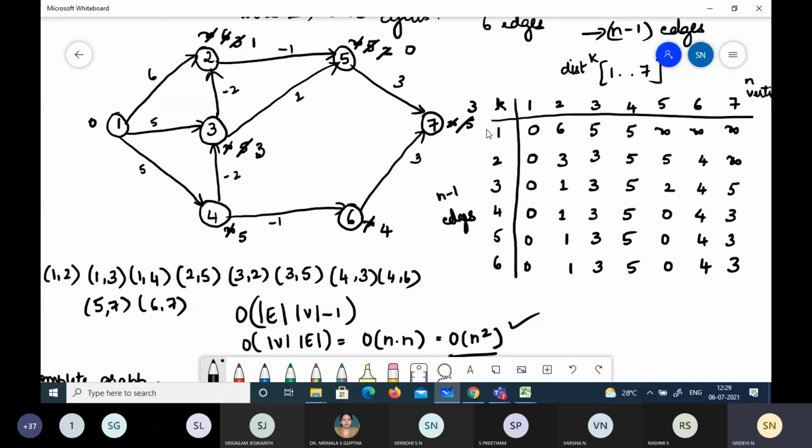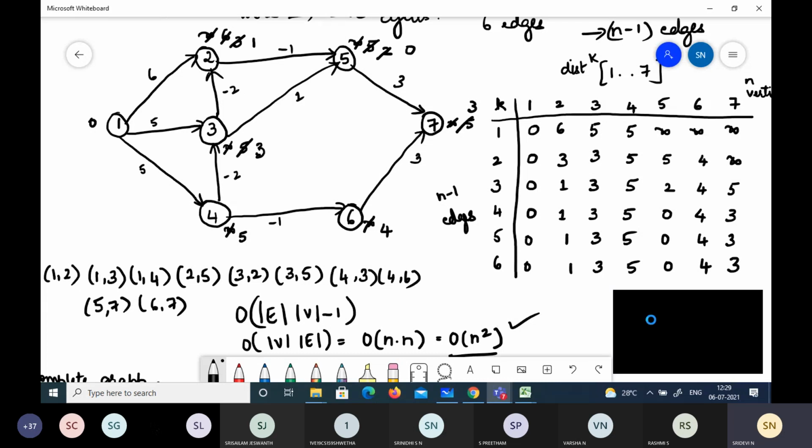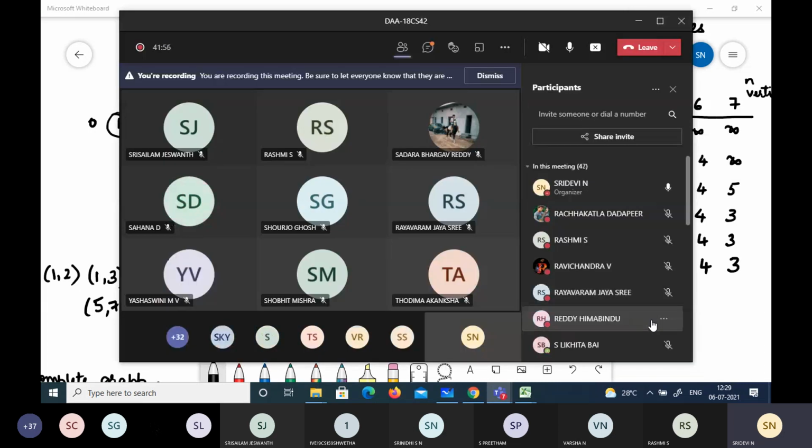Don't bother about the number of edges and all, just find out and write down. Once you are finished with all the edges, note down the values, and again once you are finished with all the edges, in the third iteration, just note down the new values whatever you have got. Should I explain it again, or was it clear for everyone?